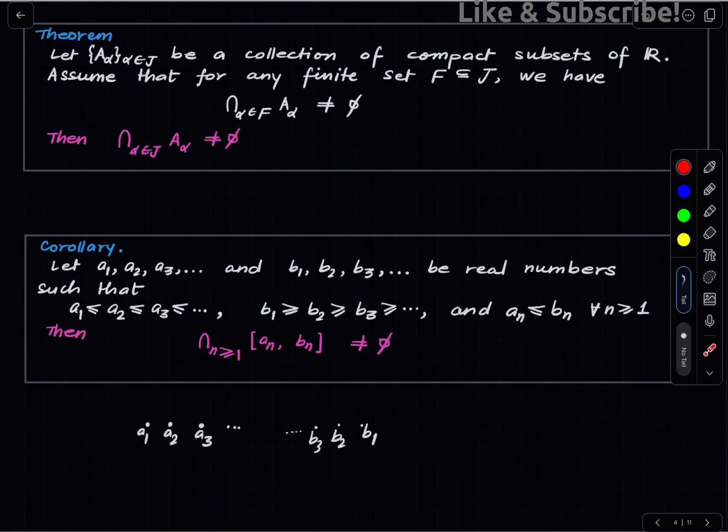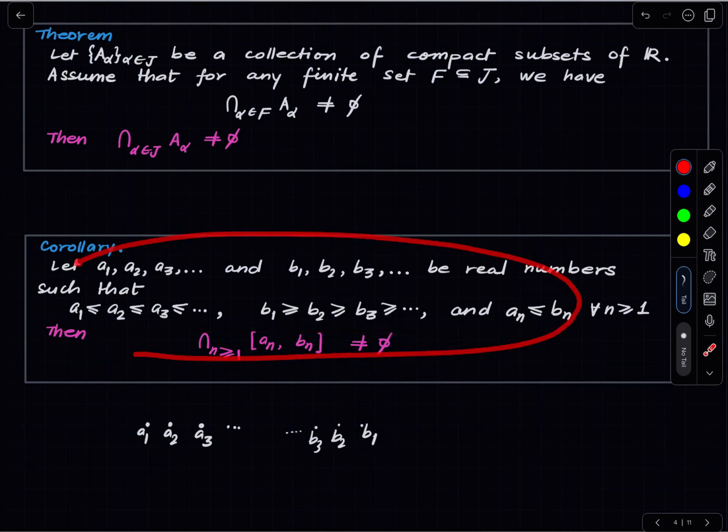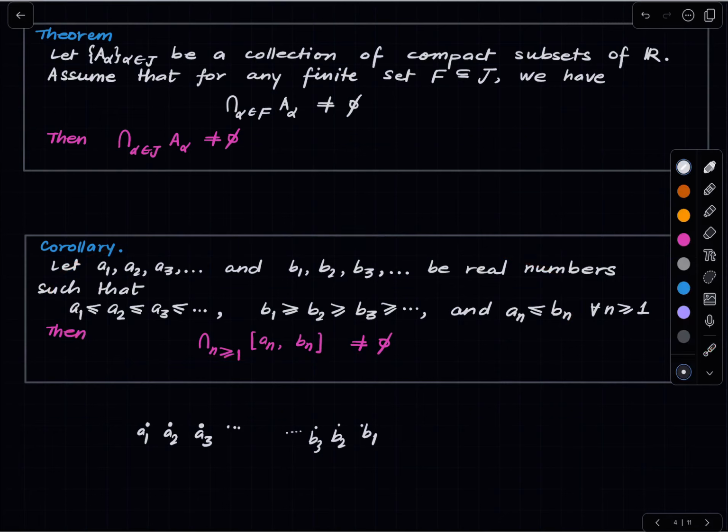So it has the finite intersection property, and therefore the intersection of all of them must also be non-empty. So this is a very nice consequence of what we just discovered. All right, and this is what we will refer to as the nested interval property, which is a consequence of the finite intersection property or the finite intersection theorem.